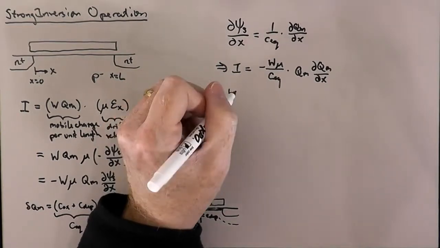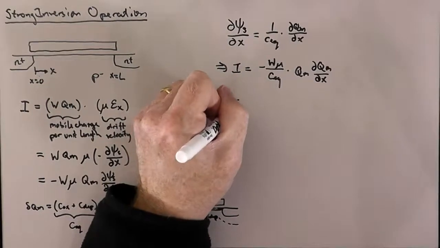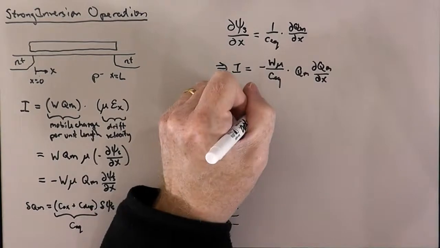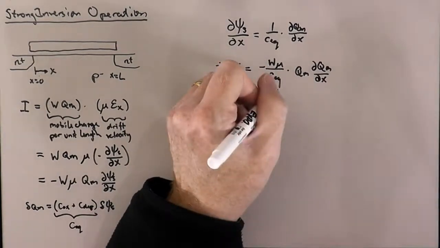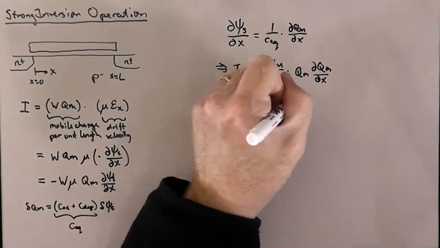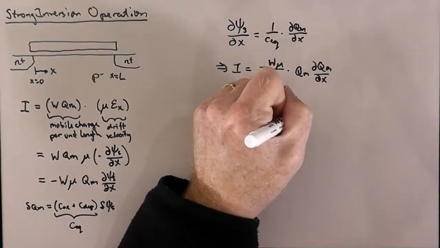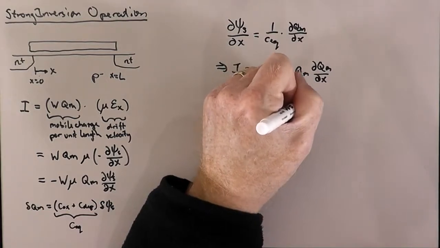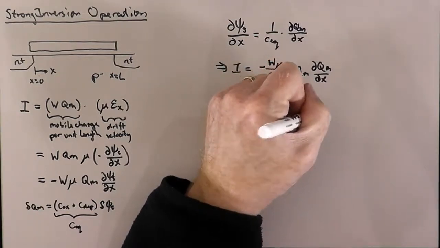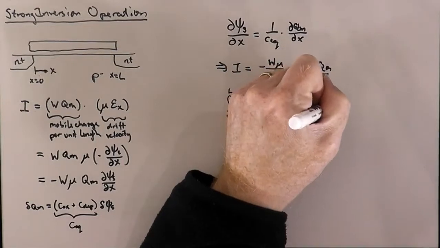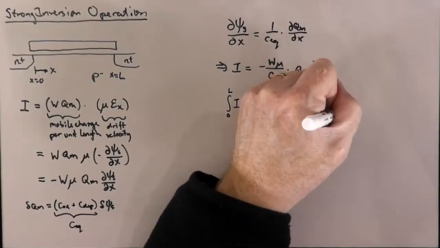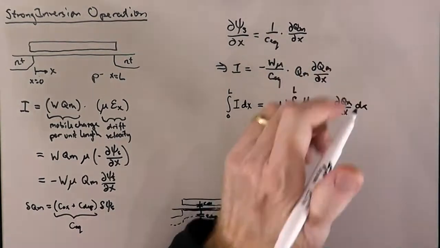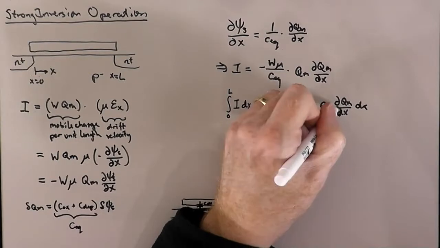Integral from 0 to L, from source to drain, of I dx on the left-hand side. And then on the right-hand side, we're going to have minus W times the integral from 0 to L of mu over C equivalent times Qm dQm dx dx. That should be partial.